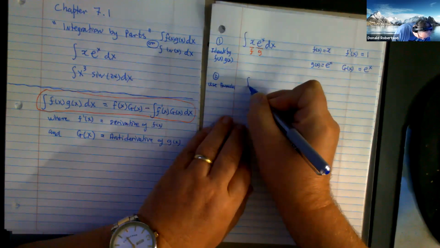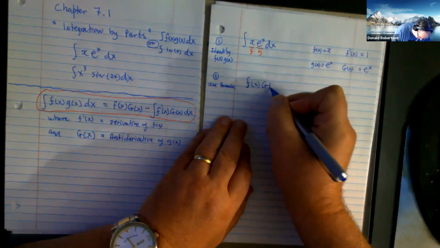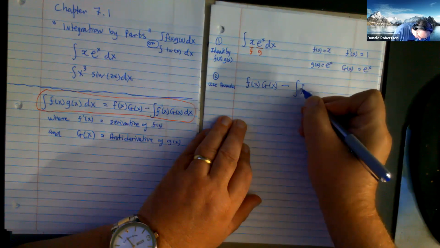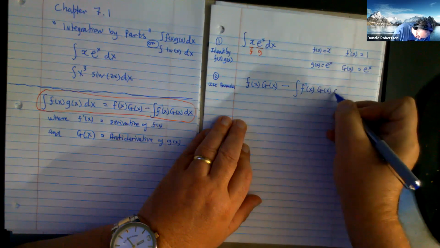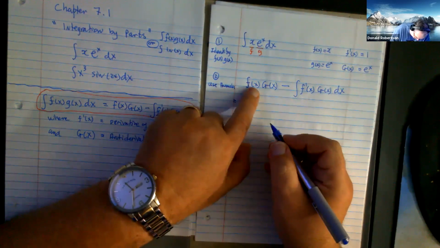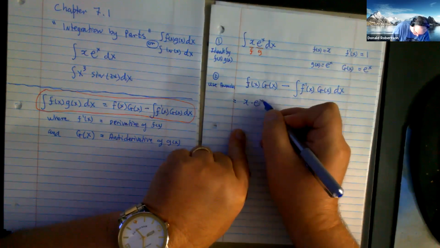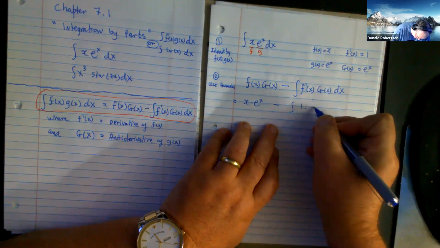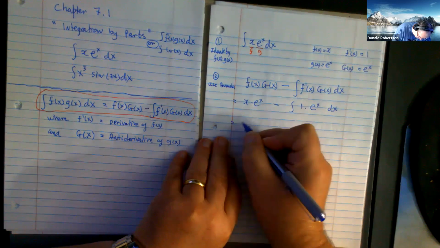So it should be f of x, capital G of x, take away the integral of f dashed of x, capital G of x, dx. So it's going to be x, antiderivative, which just happens to be e to the x, take away the integral of the derivative, which is 1, times e to the x, dx.